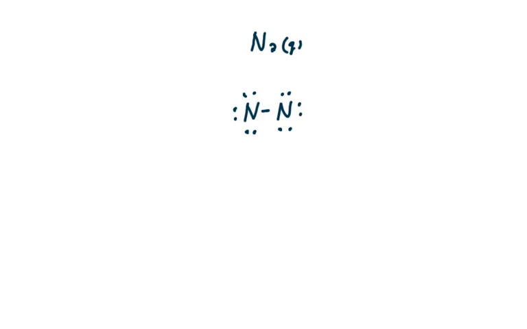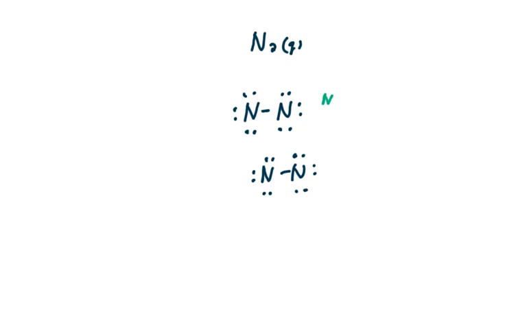Well, if it's going to become a liquid, what does that mean? If it's a liquid, that means that a whole bunch of these N2 molecules are attracted to each other, right? What do we know about liquids? The atoms and molecules in the liquid state, are they really spaced out or are they really close together? They're really close together, interacting with each other, touching. So what force could be holding these together?